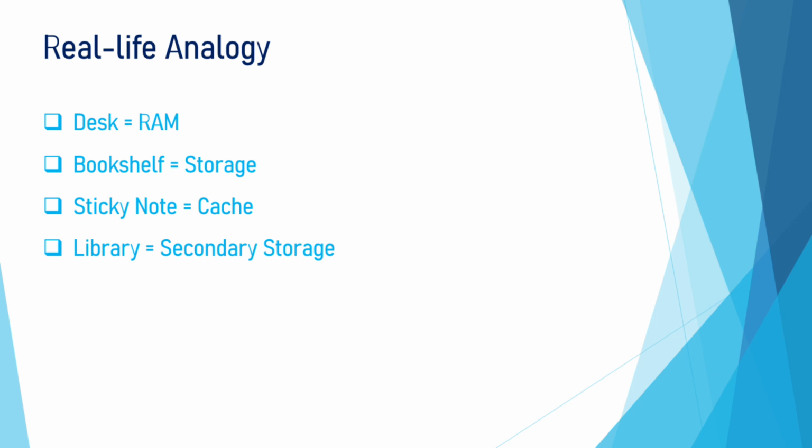You just make a sticky note and stick it on the wall near your table so that you can have quick access to those formulas. That is called the cache memory. Exactly the way in which the sticky note works for you, the cache memory works for a computer. This analogy helps us understand how different types of memory work together.